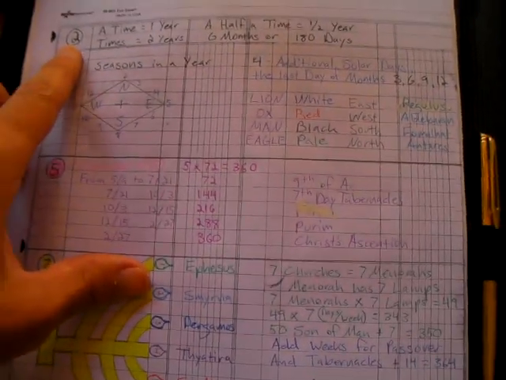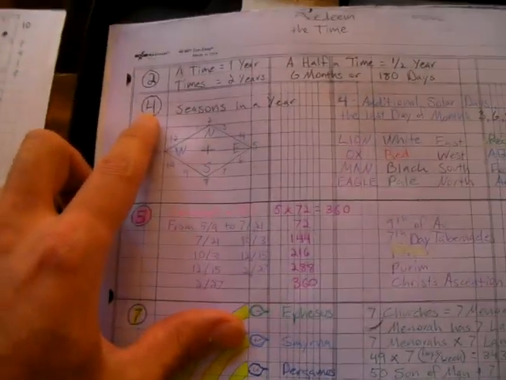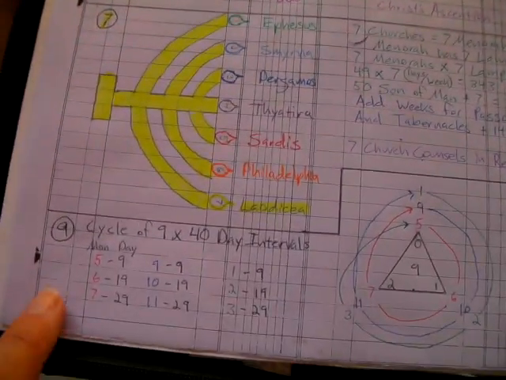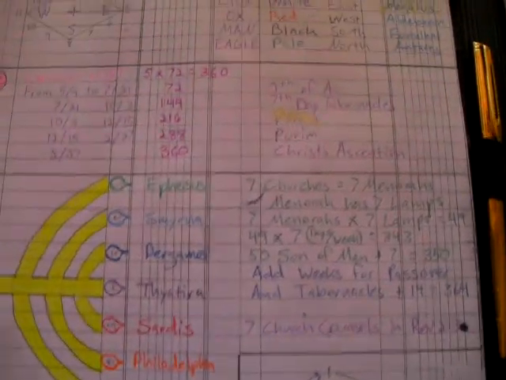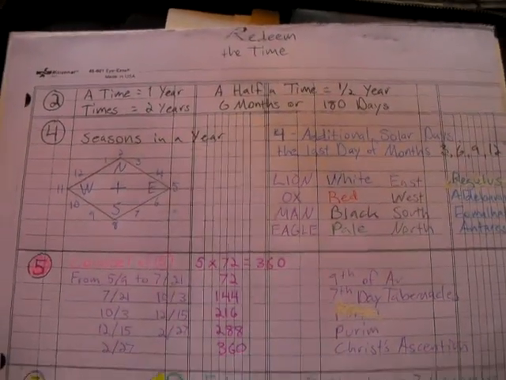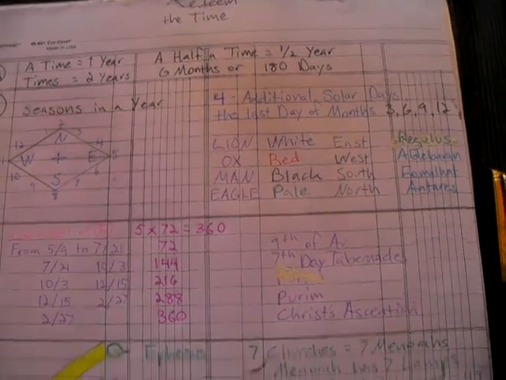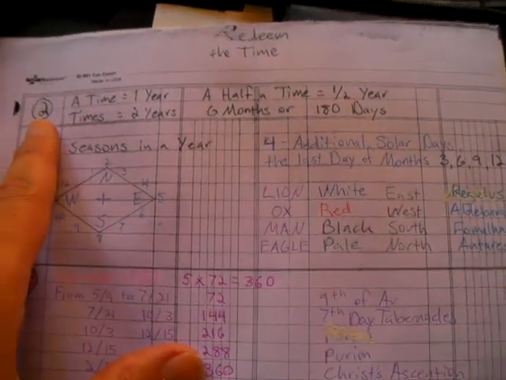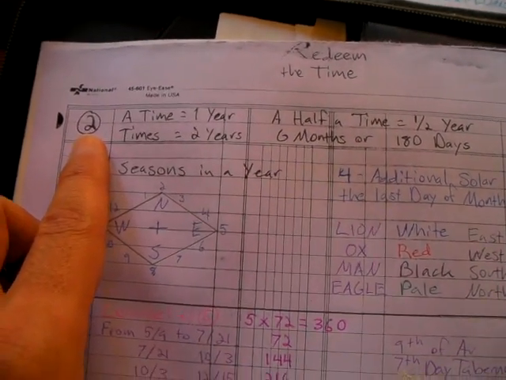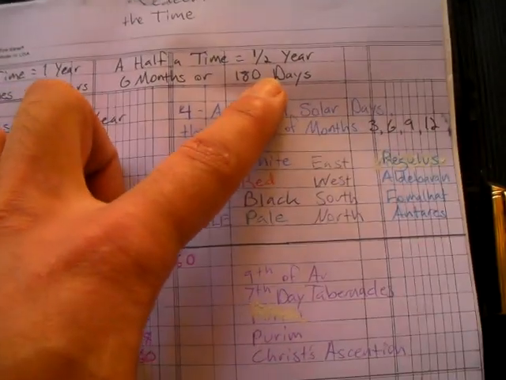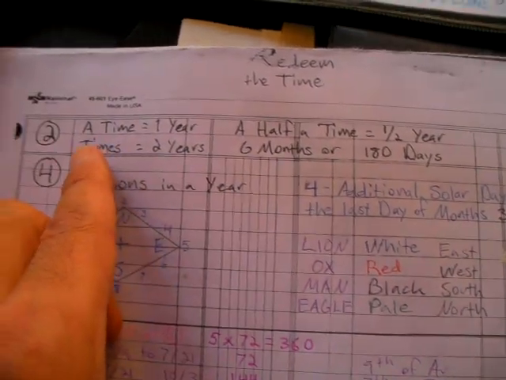So for example, you can see the numbers 2, 4, 5, 7, and 9. Those are numbers that divide 360. If you take 360 and divide that by 2, that's 180 days. Now, these are prophetic days.